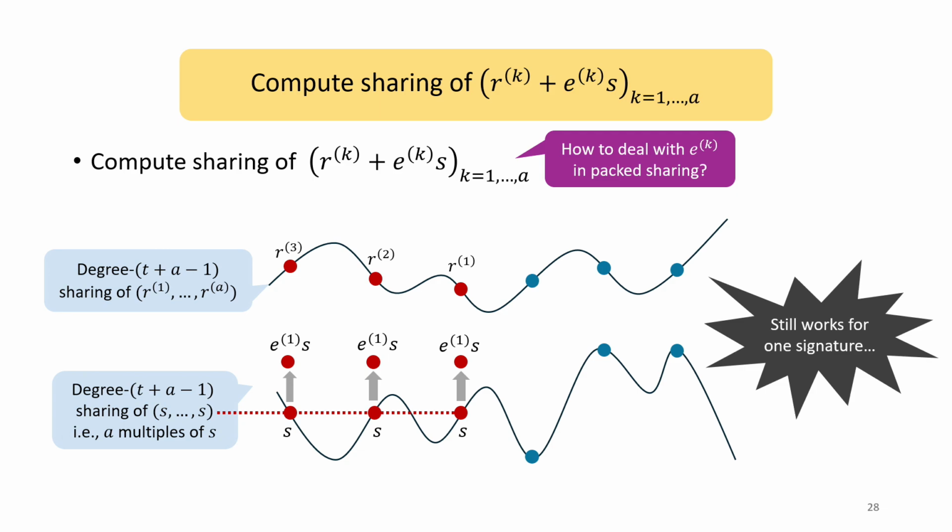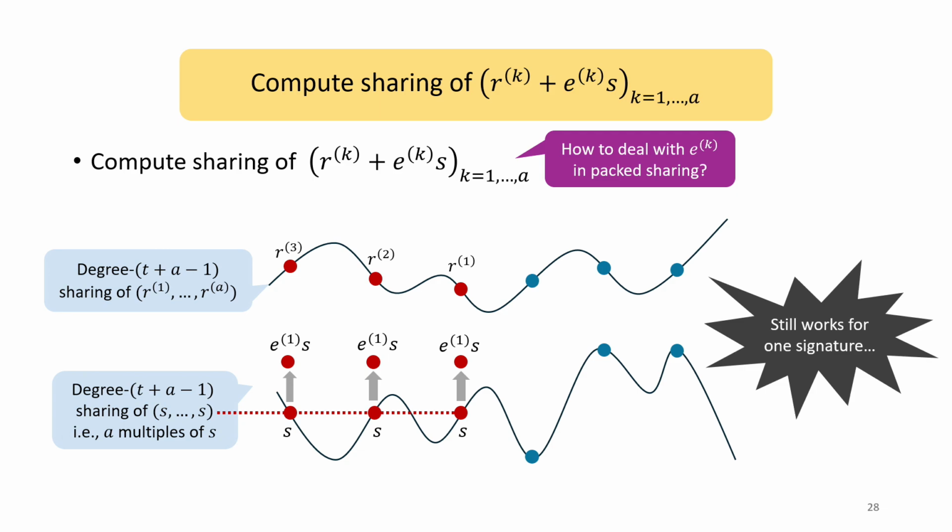So that means if you add up the shares of r, then those points are going to define a polynomial that interpolates r_1 + e_1 s, r_2 + e_1 s, and r_3 + e_1 s. And this is not what we want. So basically, we still didn't get any advantage of packed sharing. Here, of course, you can multiply the local share with e_1, e_2, etc.